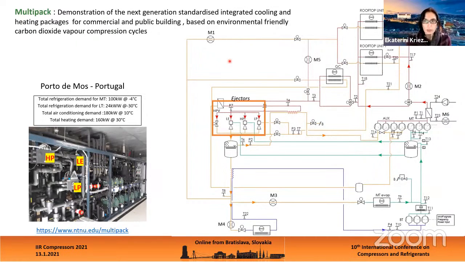Two data acquisition systems are in this particular installation, and it's been running since the beginning of 2019. We have 5 mass flow meters that are measuring the mass flow for the evaporator, located at the inlet of the evaporators.